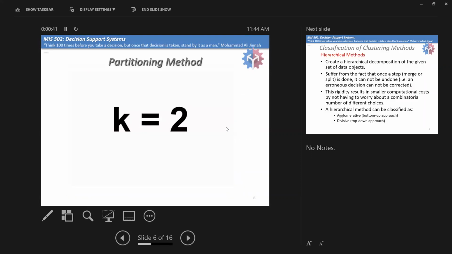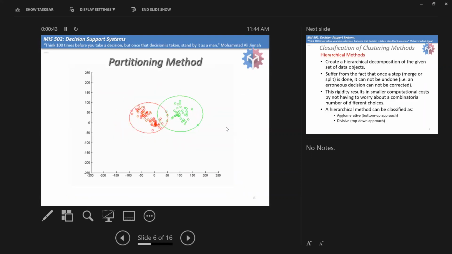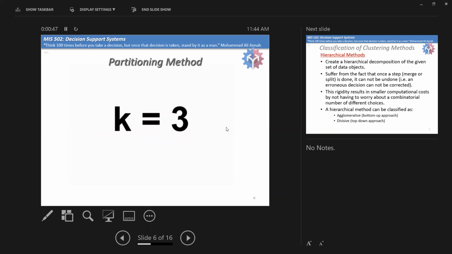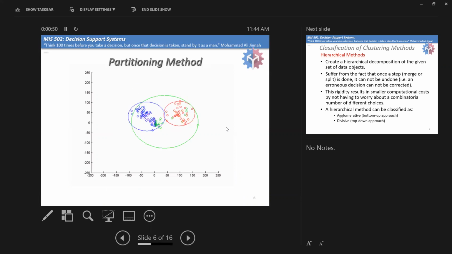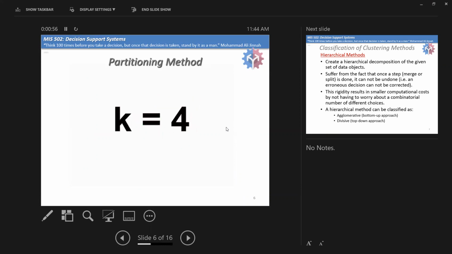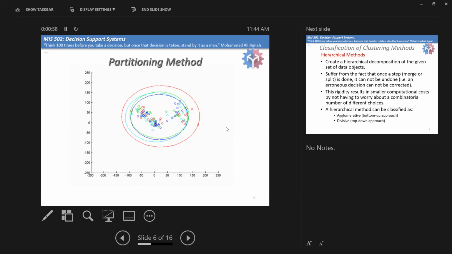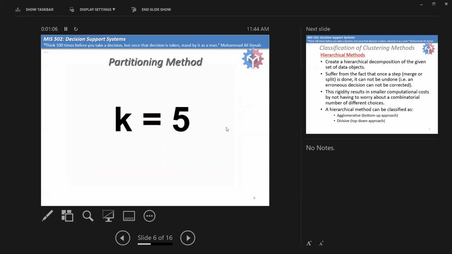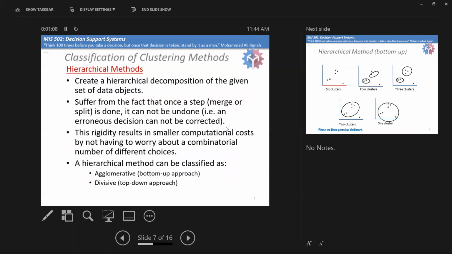For simple visualization, this is the starting one and this is the end one. With each iteration, it keeps improving itself and creates the best possible cluster. Today we'll learn this algorithm, which in a few iterations will improve itself.